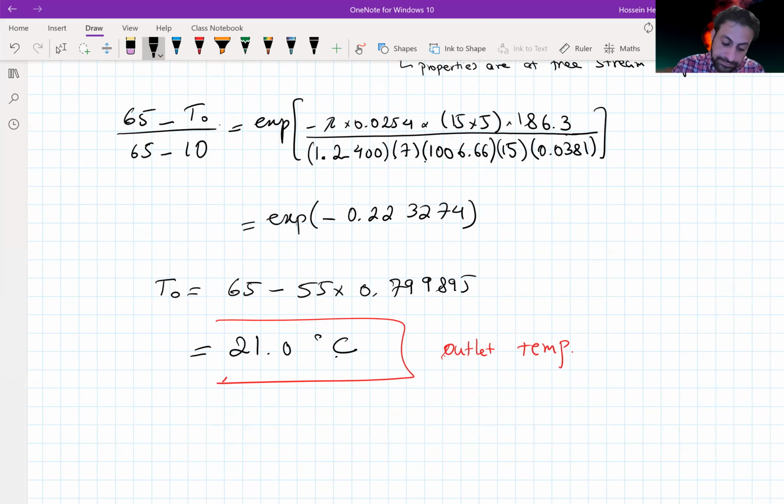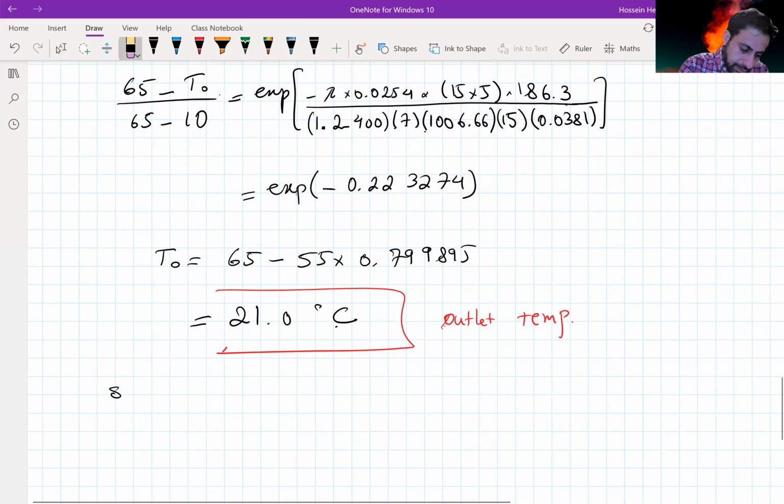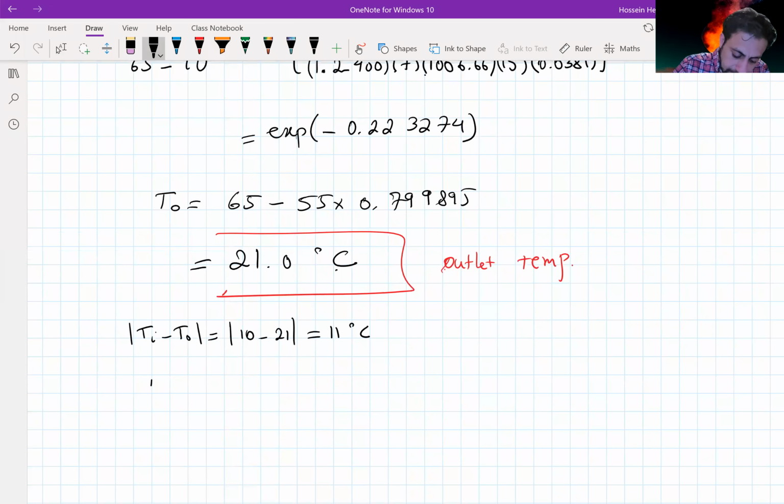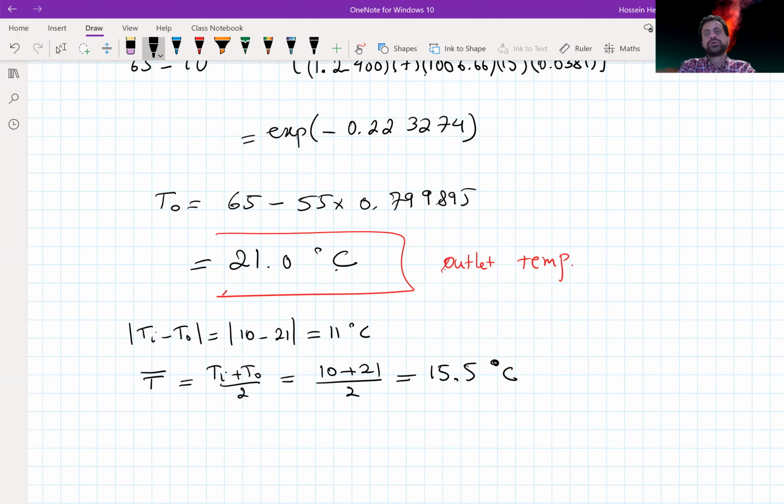Now we can look at the delta. If you look at Ti minus To, the difference is, Ti was 10 degrees, minus 21, is 11 degrees C. Or the other way that you can look at it: T average, Ti plus To divided by 2, is 10 plus 21 divided by 2, 15.5 degrees C. So the right way of continuing is to evaluate the air properties at 15.5 degrees C and repeat the calculations, repeating this process until we get an outlet temperature that does not change.